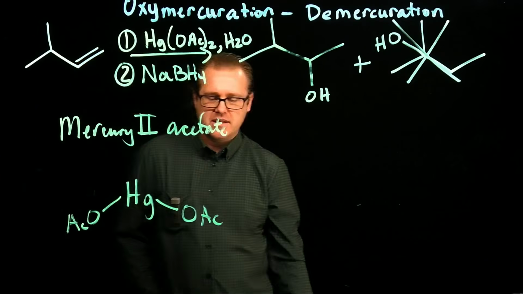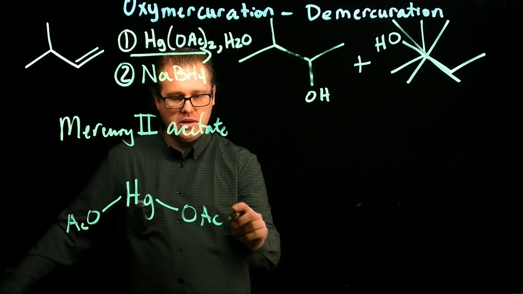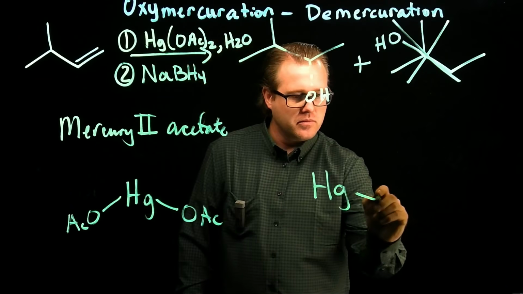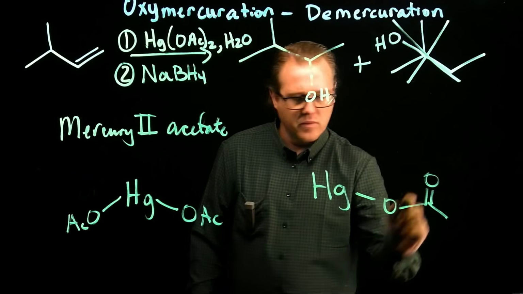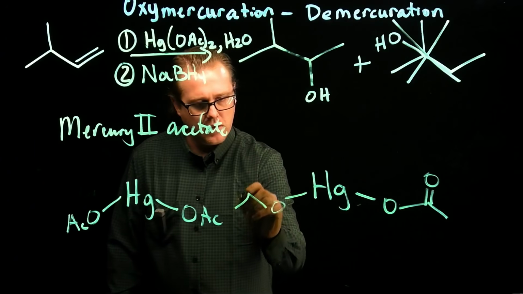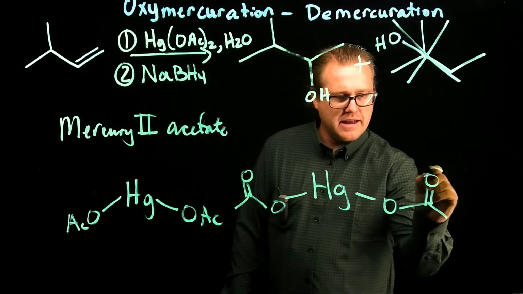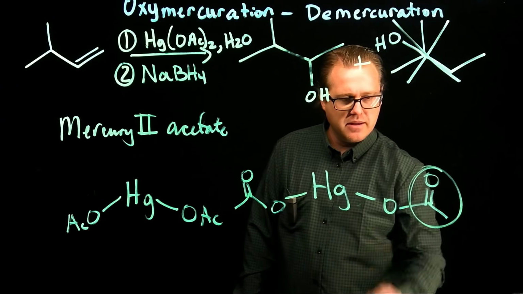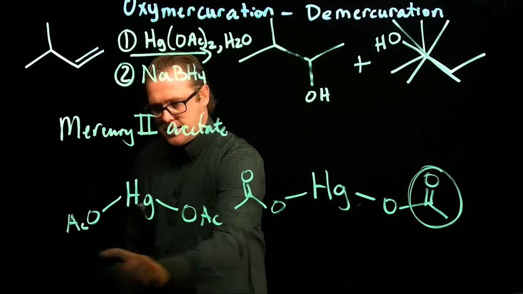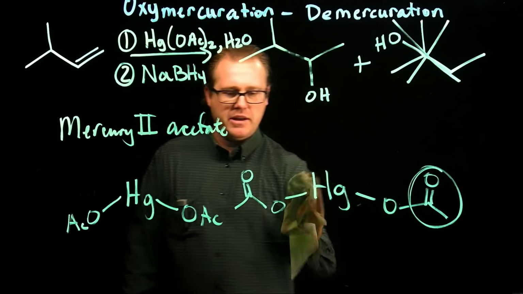Now, what does acetate look like? That's going to look like this, I could also have drawn it like this. So right there, that's our acetate piece right there. So this and this are the same thing, but we are going to abbreviate it just to make life slightly easier.